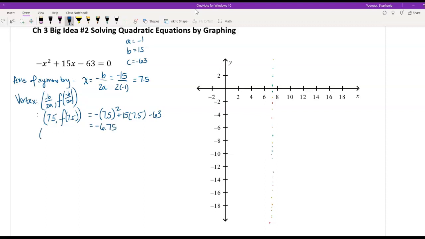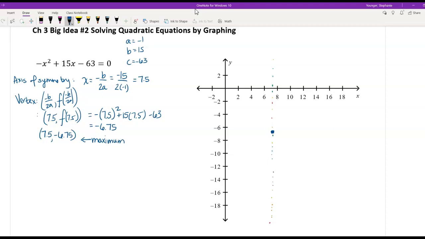So our vertex is actually the point 7.5, comma, -6.75. So let's go down. Here's 6, here's 7. So it'll be right around here. All right, A is negative, which means this is a maximum.